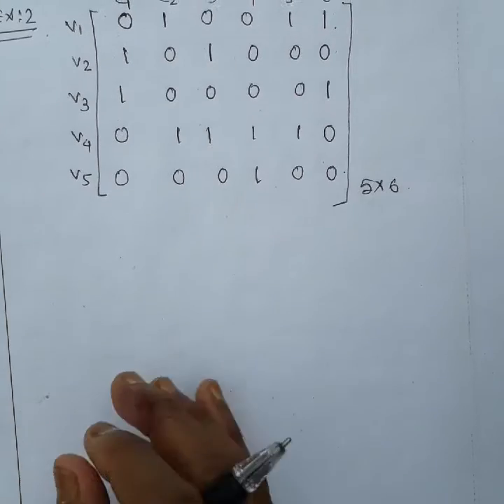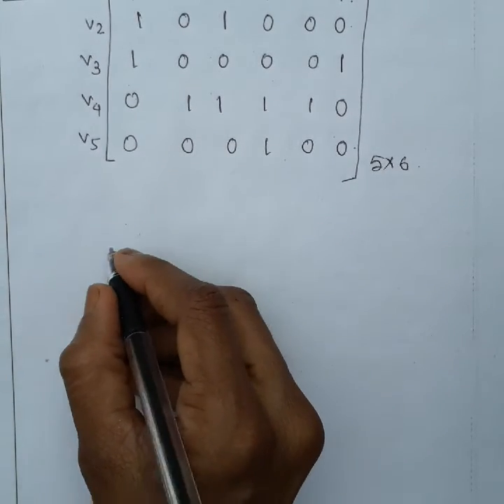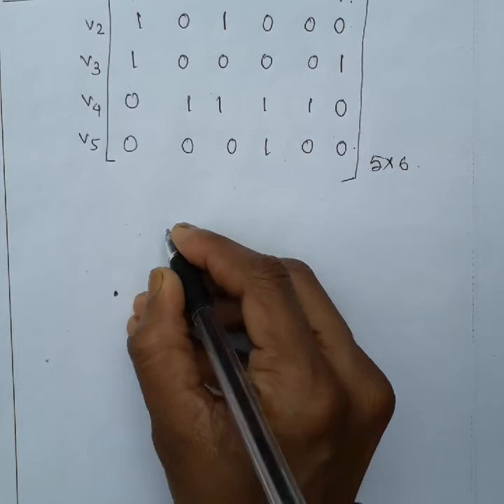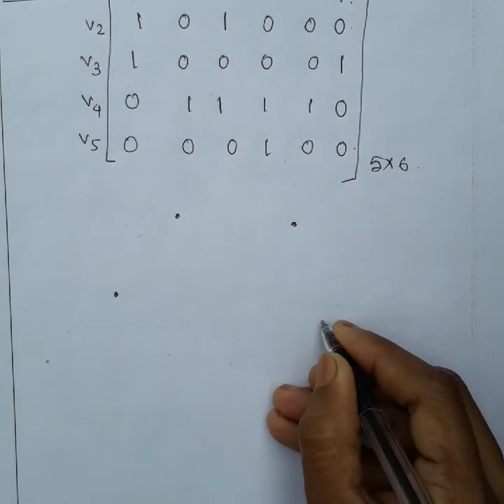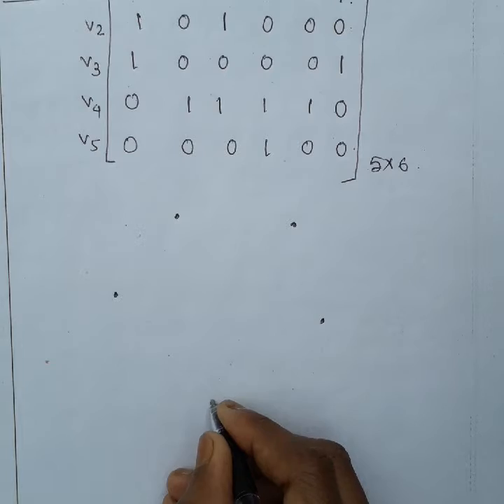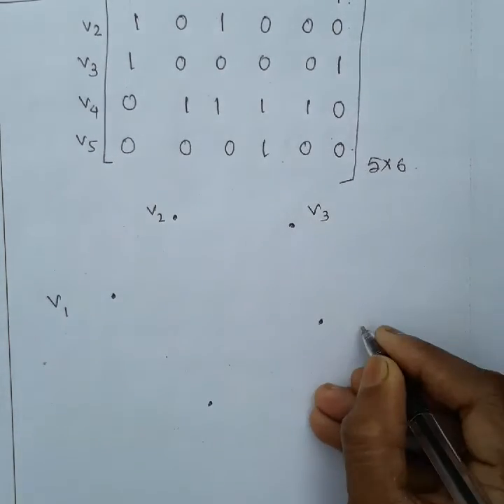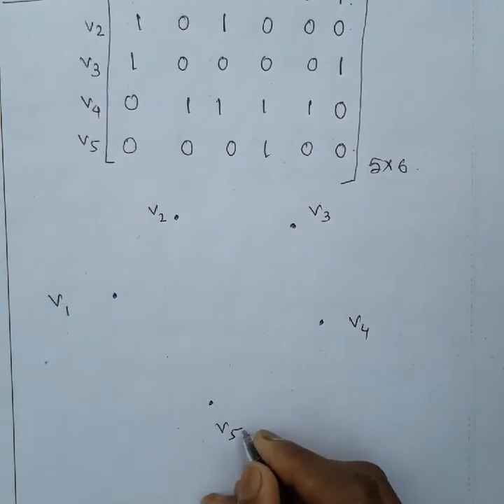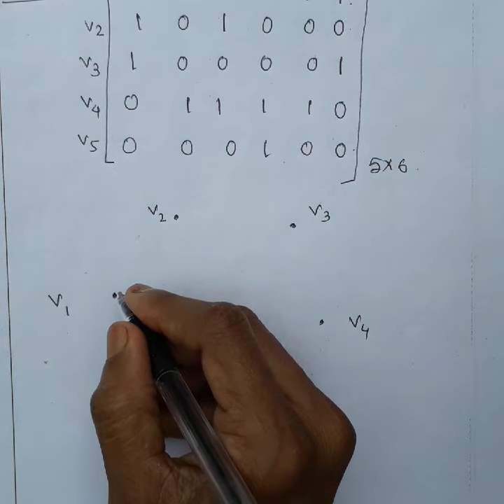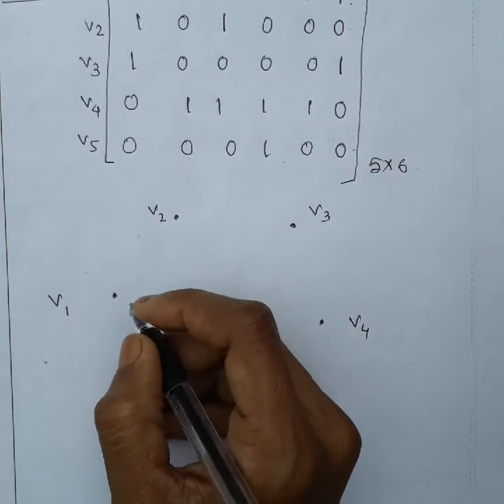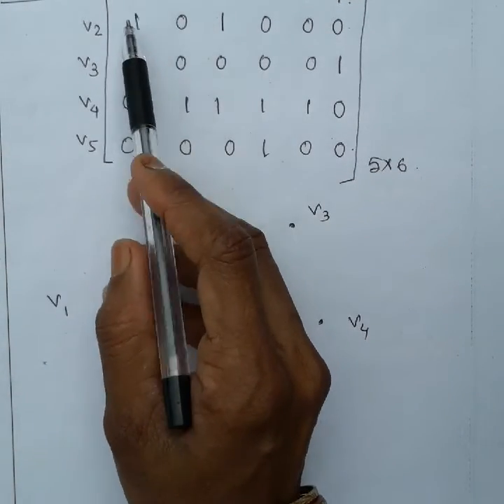So we first plot the vertices: V1, V2, V3, V4, V5. Then the first column, that is E1, contains two 1s.